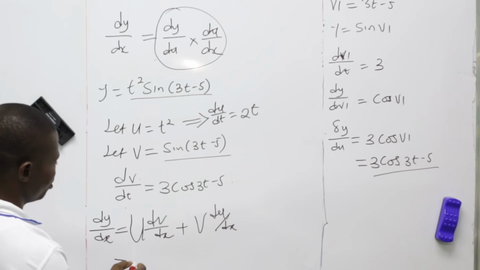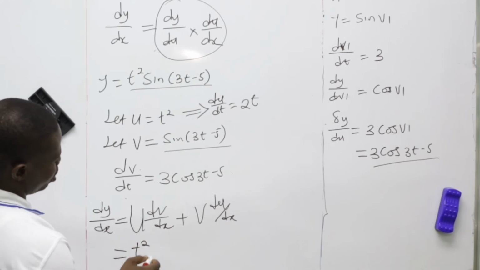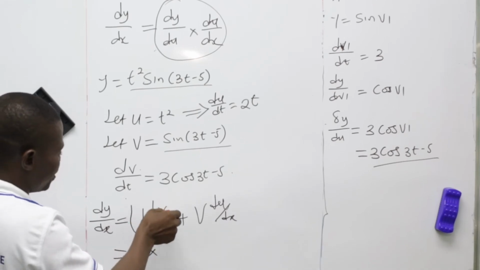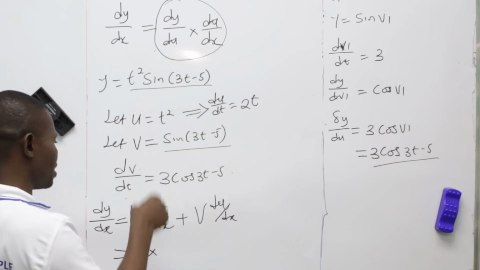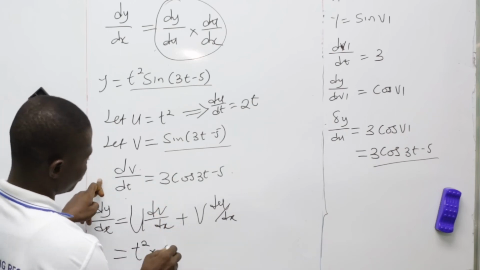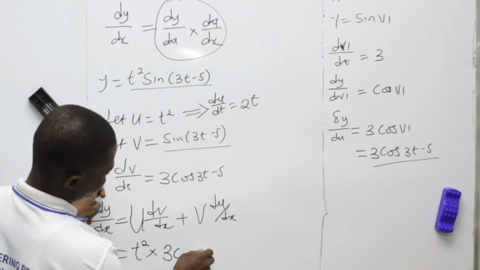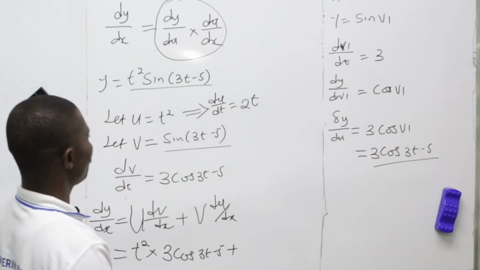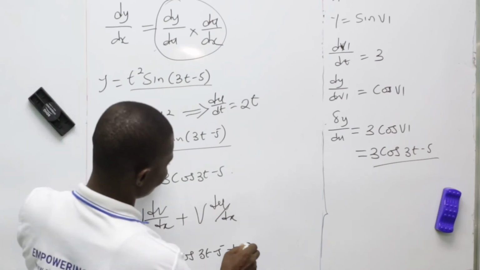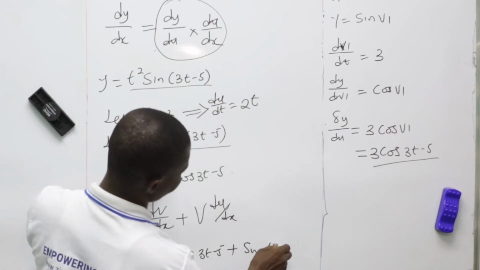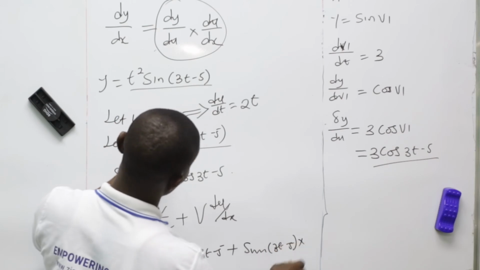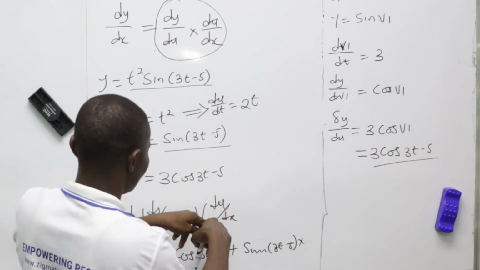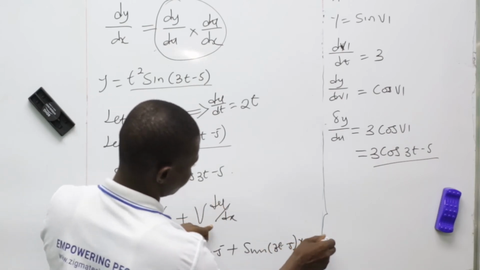What is u? u is t squared, multiplied by dv/dt, which is 3 cos (3t − 5), plus v. What is v? v is sine (3t − 5), times du/dt, which is 2t.